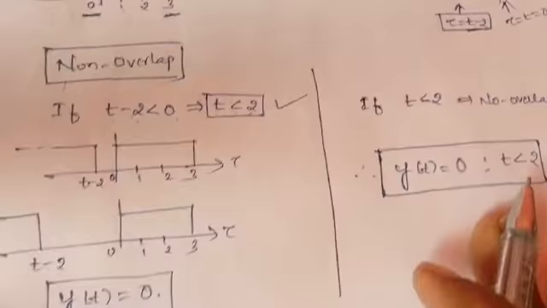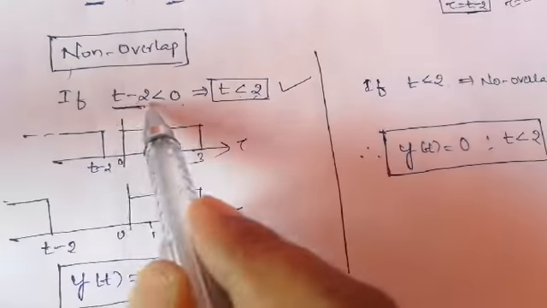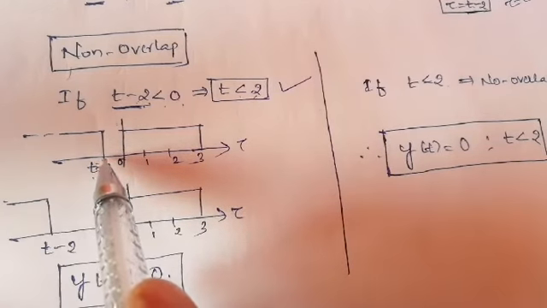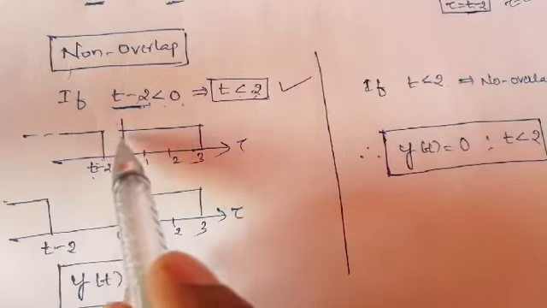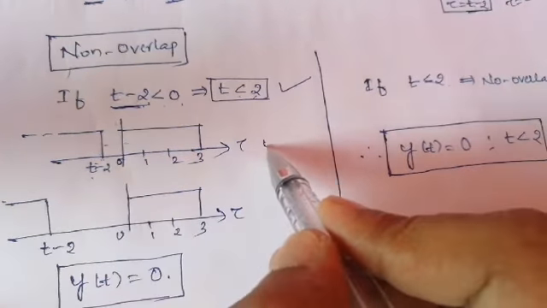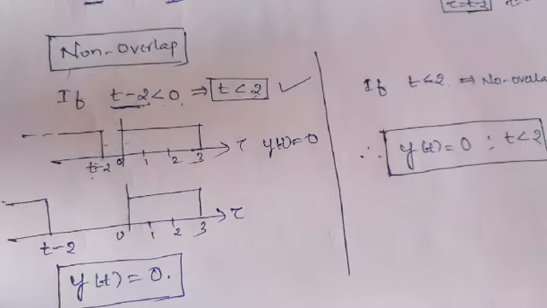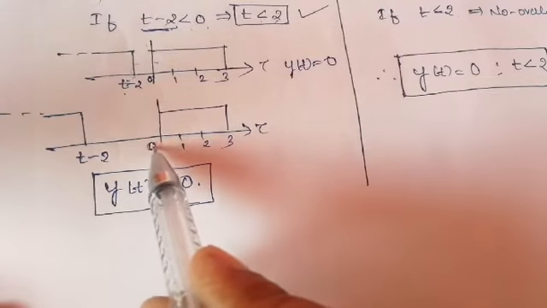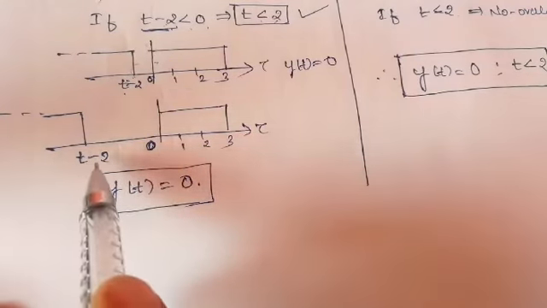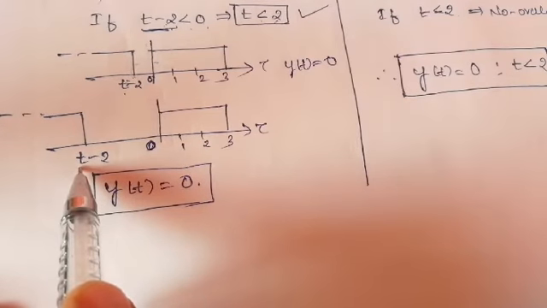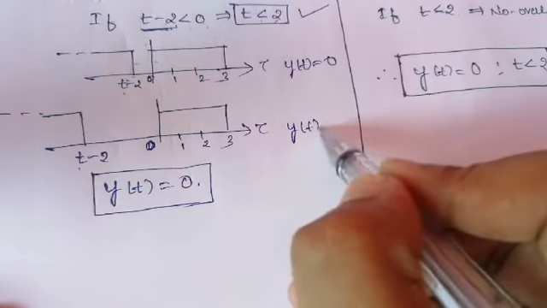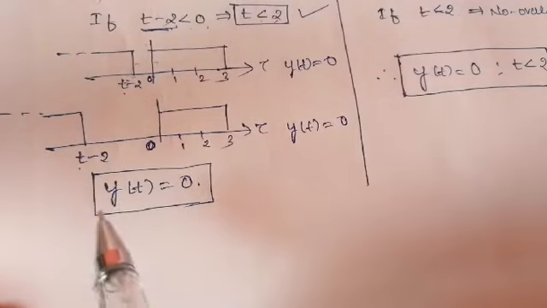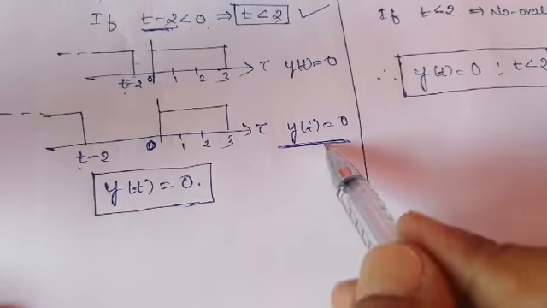Let us see the illustrations. If t minus 2 is less than 0, anywhere you place it, for example here, there is no overlap between the two signals, hence y(t) = 0. For another illustration, very far before 0, I have taken it here, then also there is no overlap, so y(t) = 0. Anywhere before 0 or less than 0, there is no overlap, hence the result is 0.